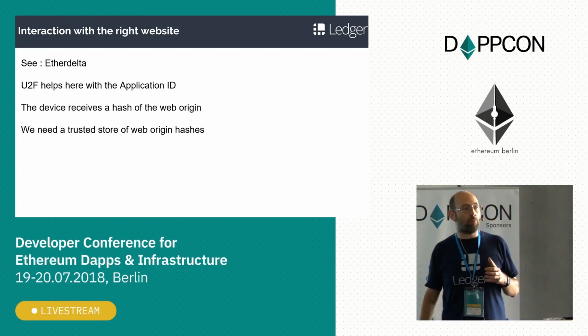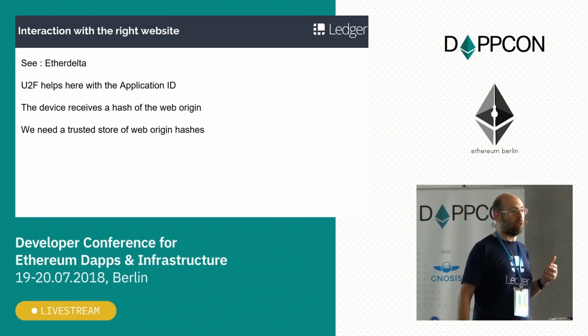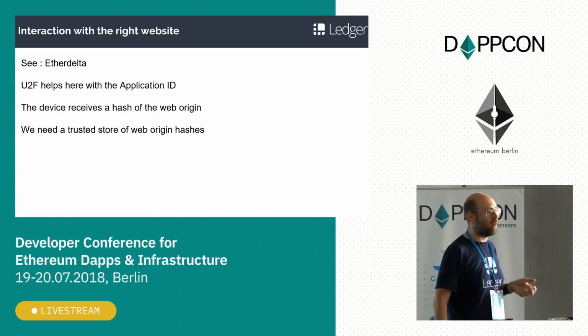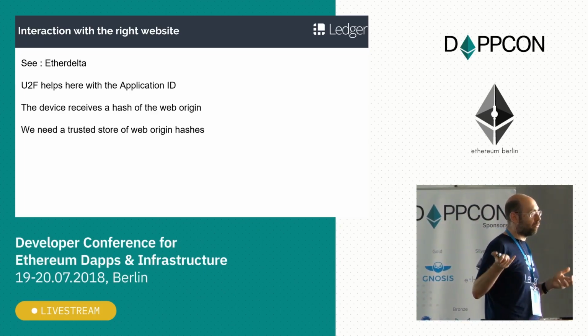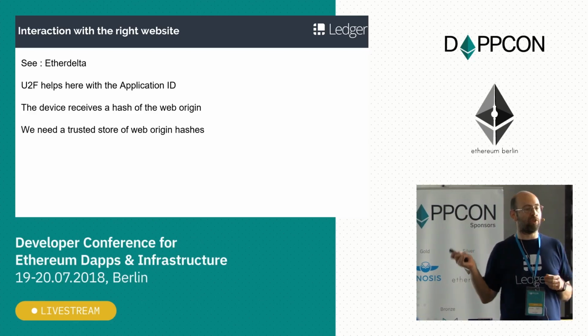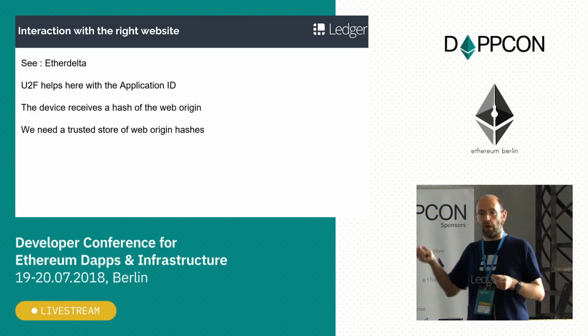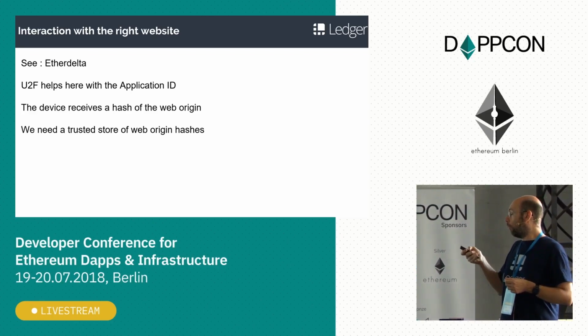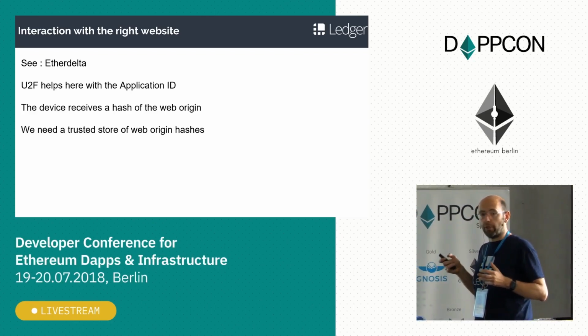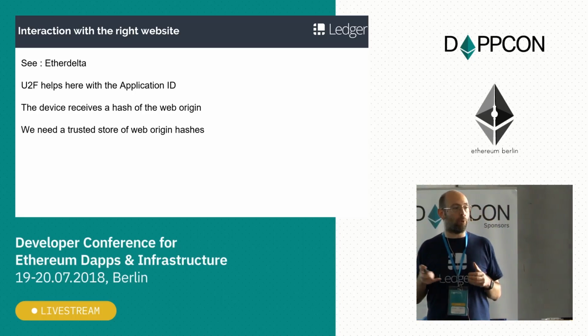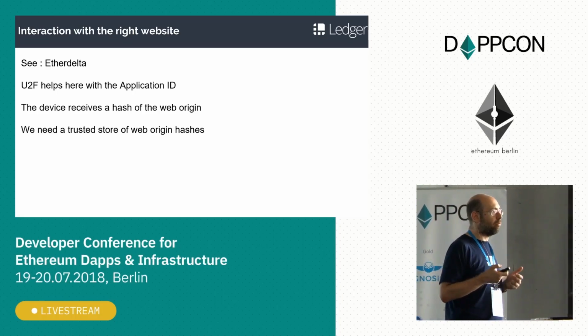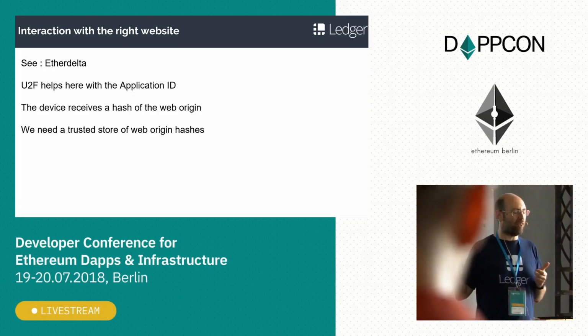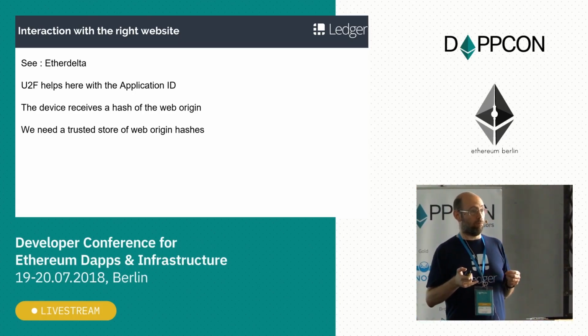We have seen that people get creative replacing websites, either by hacking DNS or by hacking lower parts of the infrastructure. We have seen issues with EtherDelta and even with MyEtherWallet, I think, some weeks ago. Here, U2F can help because the device will receive the web origin, so the hardware wallet will be able to check which website the user is interacting with, which is a hard problem initially.